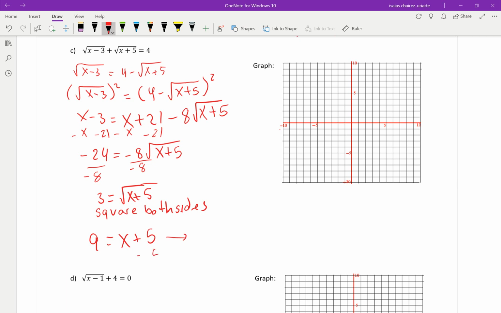So let me subtract 5. 9 minus 5 is 4. Okay, so that's my answer, supposedly. Now let me just check my solution. Let me make sure that my solution is correct.